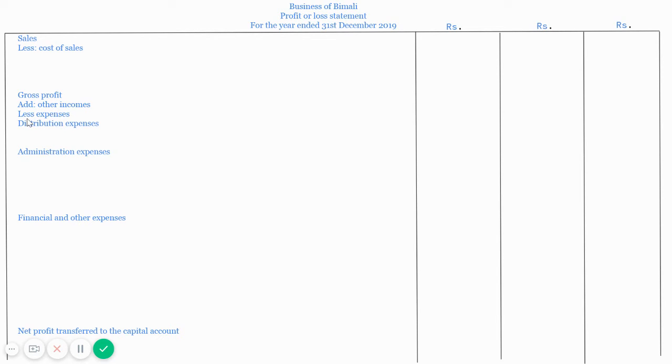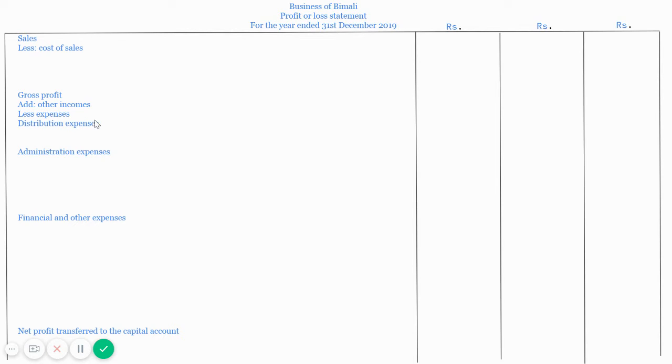Then on the third line you can write less expenses, and the next line itself we are going to categorize our expenses. Distribution expenses must be given, then administration expenses, and the financial and other expenses.